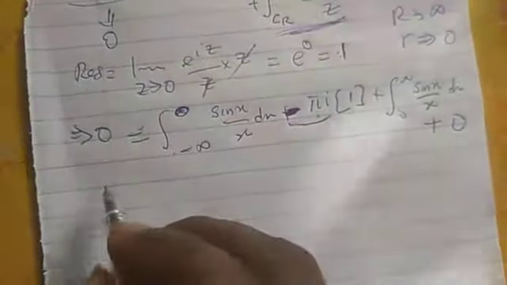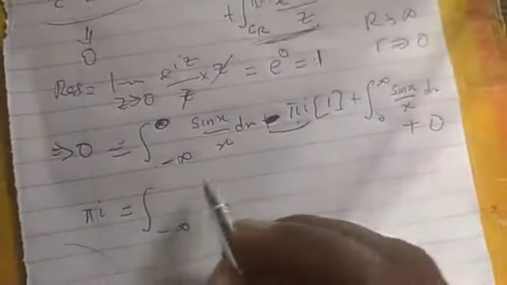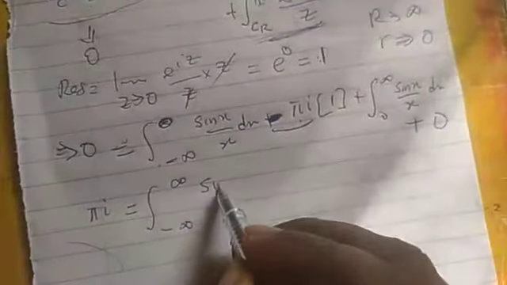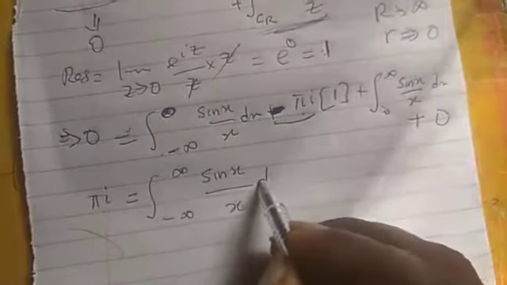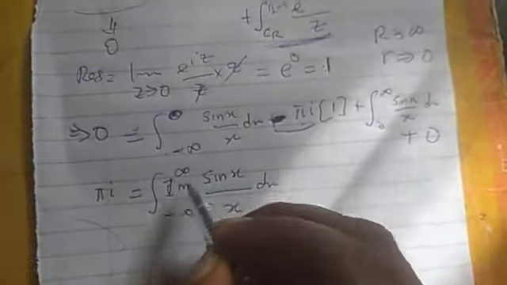Let's bring the whole of this to this place, so that we have pi i equal to minus infinity to 0 plus 0 to infinity. We can match these two together, that is minus infinity to infinity of sin x over x dx. Remember, we are using the imaginary part. So without stressing myself, I don't need the i again because it is the imaginary part that we are considering.